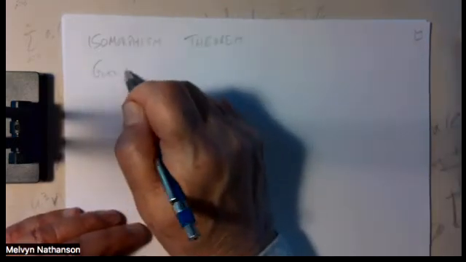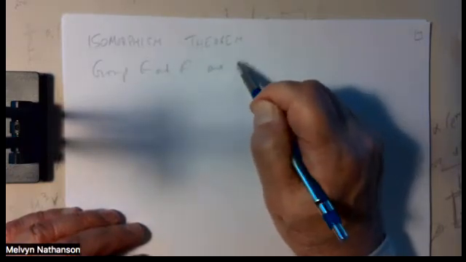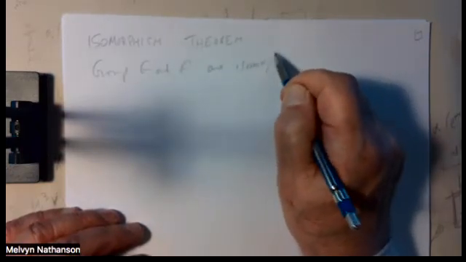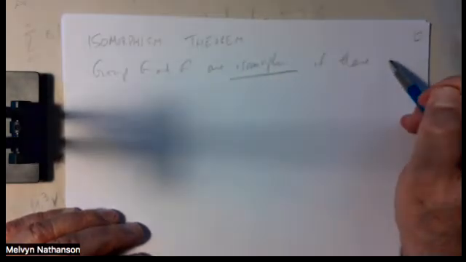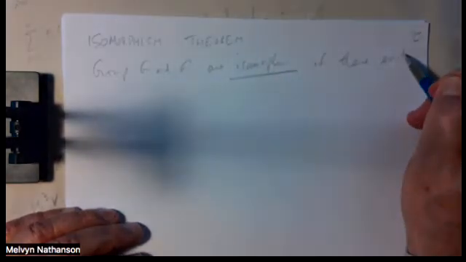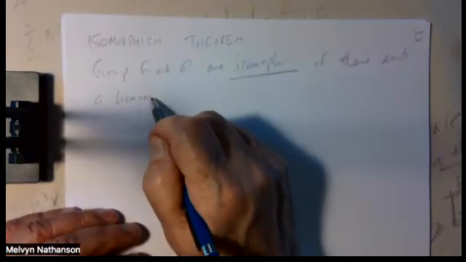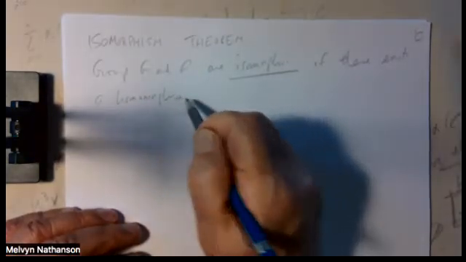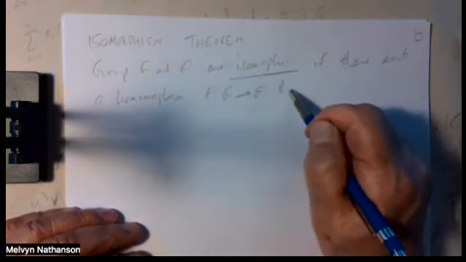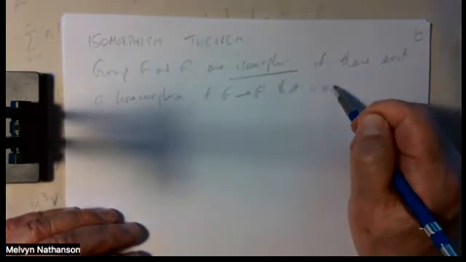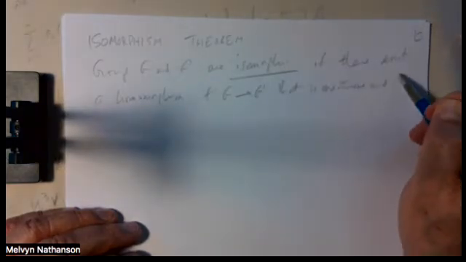We can say that groups G and G prime are isomorphic if there exists a homomorphism F from G to G prime that is 1-to-1 and onto.